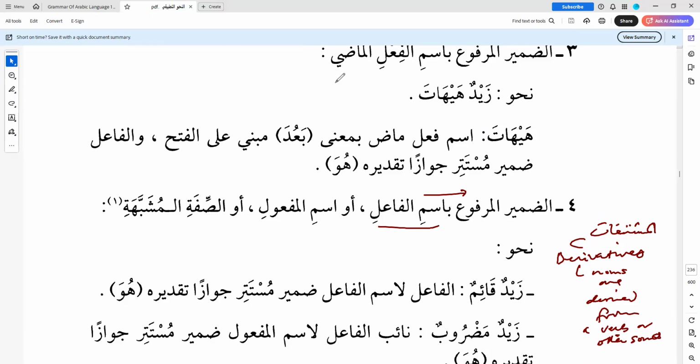For instance, if I say jalasa, I will get ismul fa'il jalis. If I say kataba, I get ismul fa'il katib. If I say sajada, I get ismul fa'il sajid. If I say qara'a, I get ismul fa'il qari.